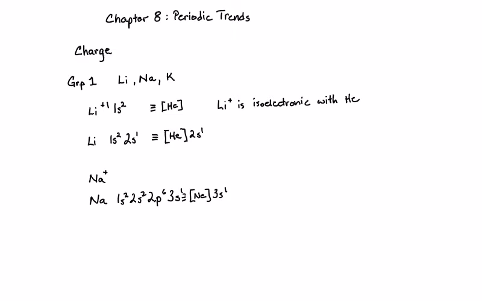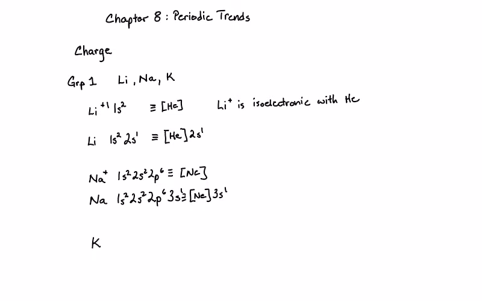So if we take away that one electron to make sodium +1, we're left with 1s2, 2s2, 2p6, which is the same thing as a neon electron configuration. So we can say that sodium plus and neon are isoelectronic. They have the same electronic configuration.